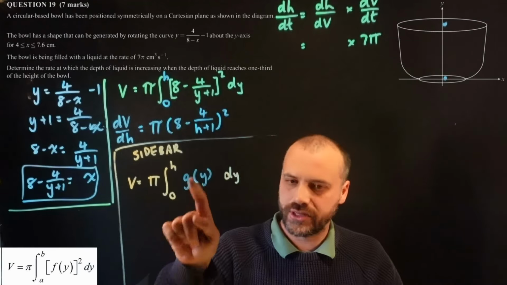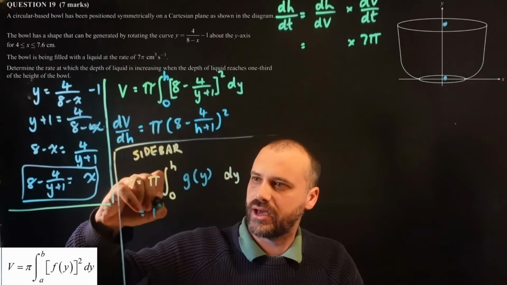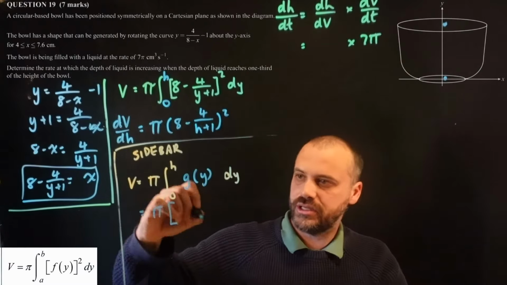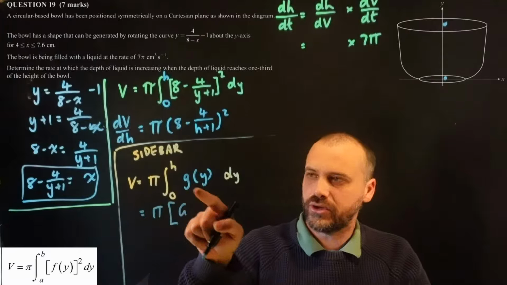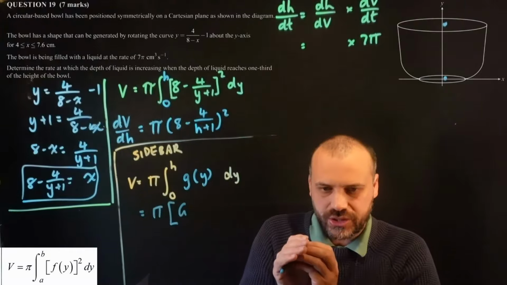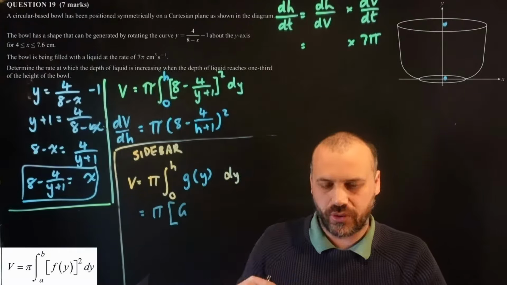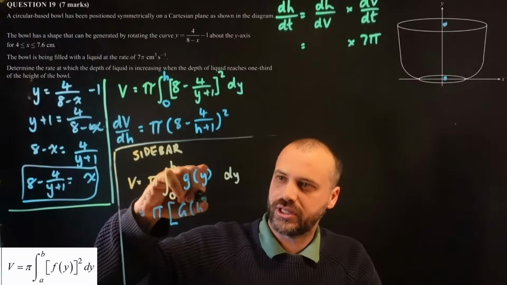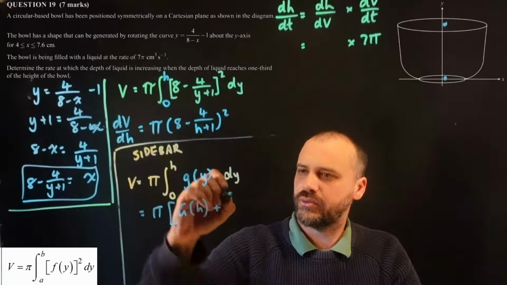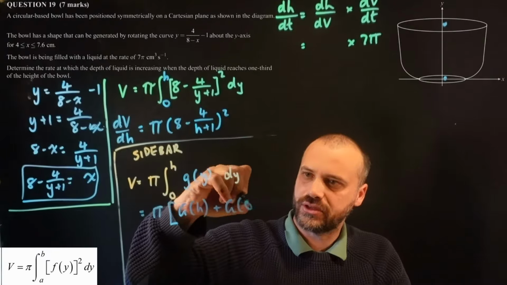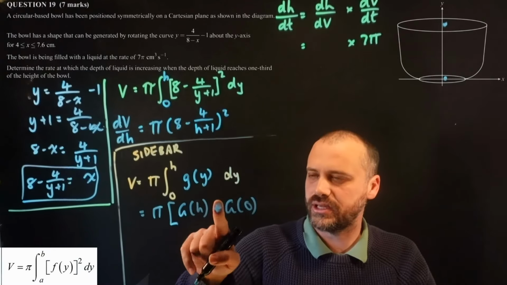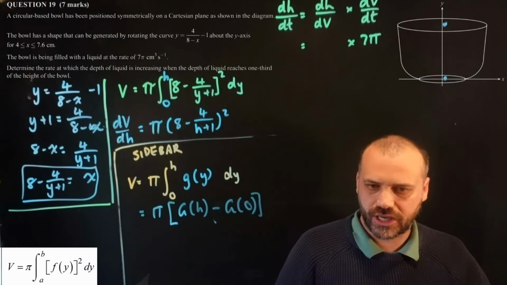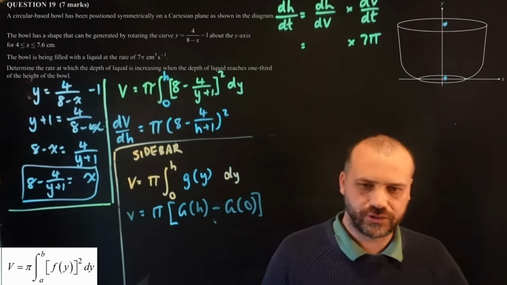Now, if we want to find the definite integral here, we're going to have π, and then we're going to sub h into uppercase G of y, the integral of whatever g of y was. And then we're also going to have G of 0 subbed in, not added together, subtracted from each other. So there's our new volume.